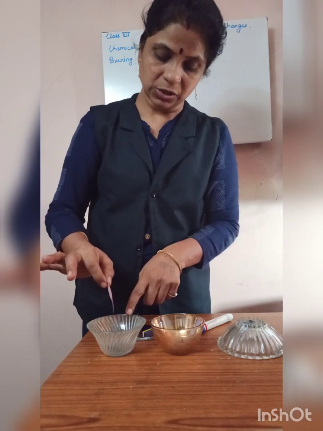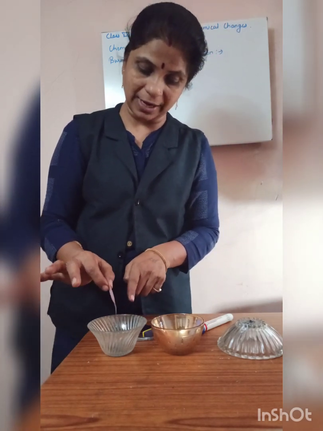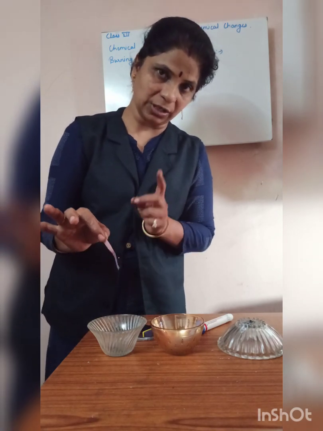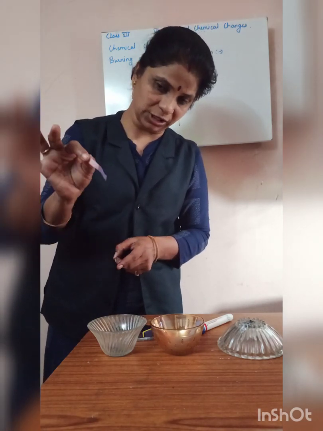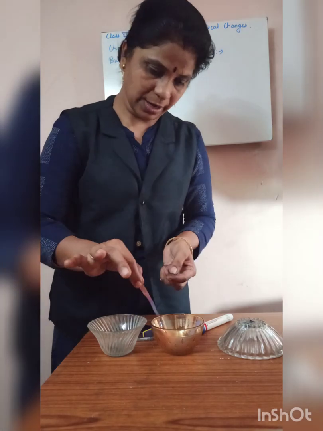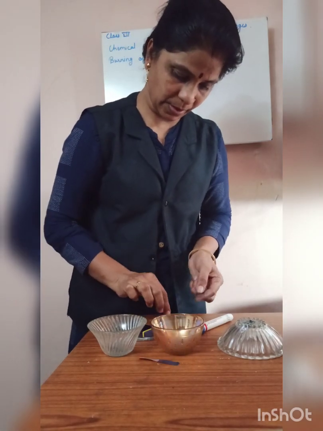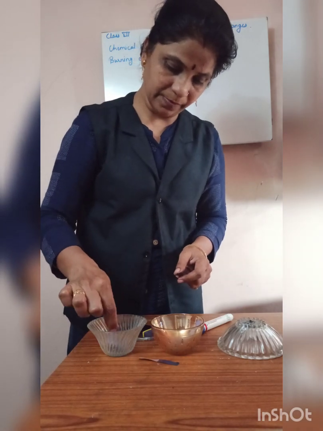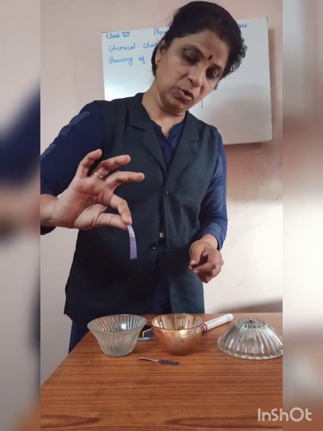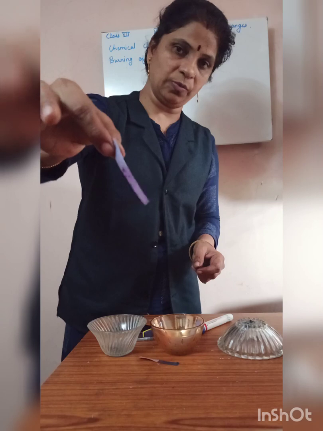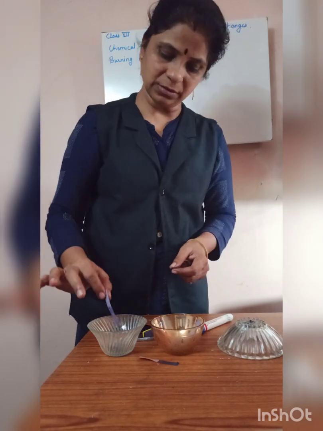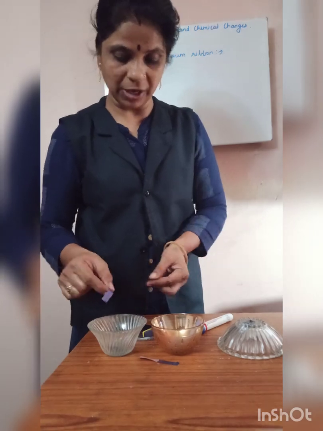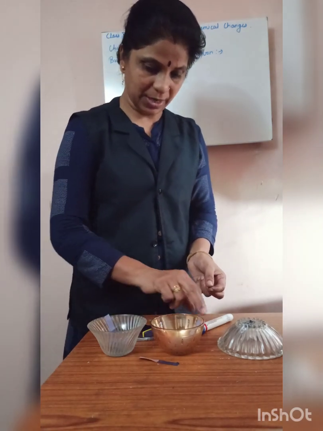So this magnesium hydroxide solution is basic in nature. Let me try with blue litmus paper also. When I dip this one, the blue litmus paper remained blue. There is no change. So we can say that this solution, magnesium hydroxide, is basic in nature.